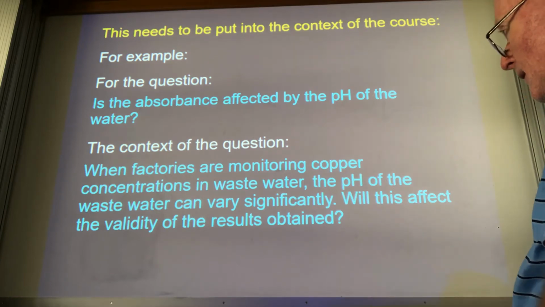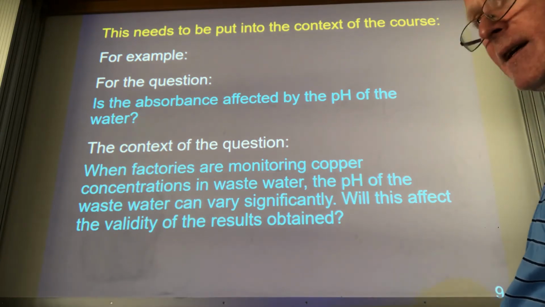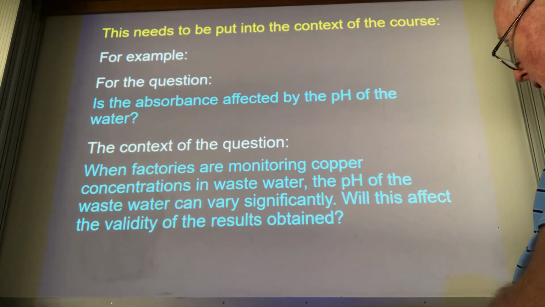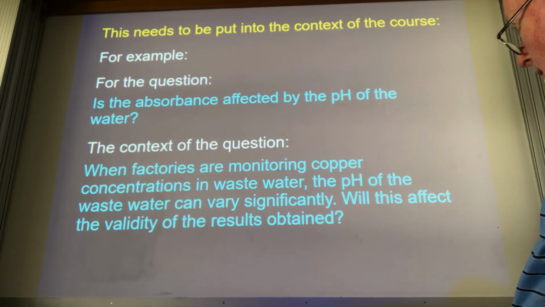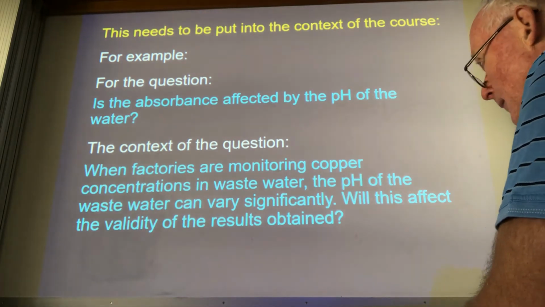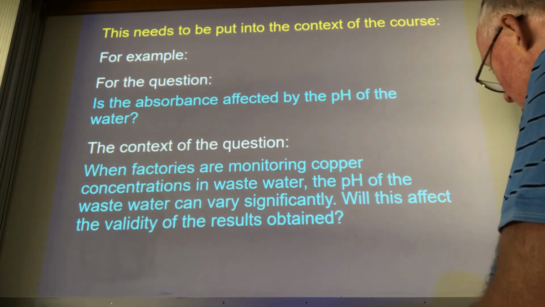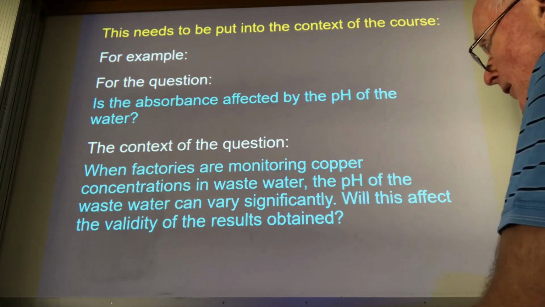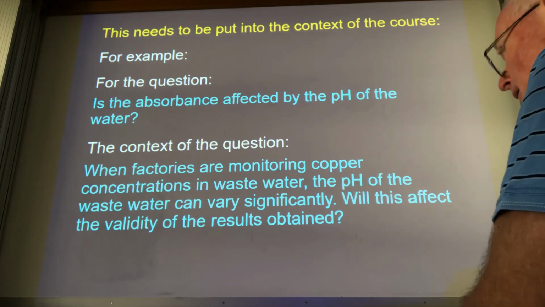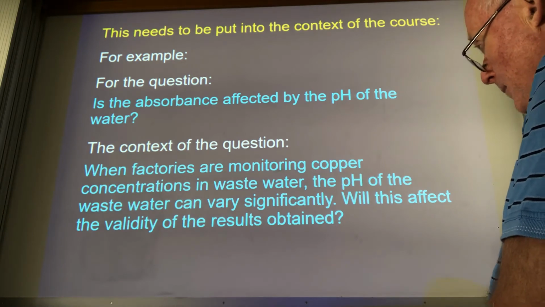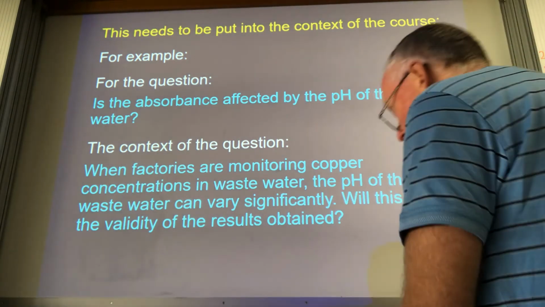So, Year 11 chemistry, there's a fair whack of environmental monitoring sort of stuff. So here's a context that makes sense. It's important that we get reliable data about the waste discharges of factories. However, if the pH of the wastewater varies, is that going to affect our measurement of the copper concentrations?